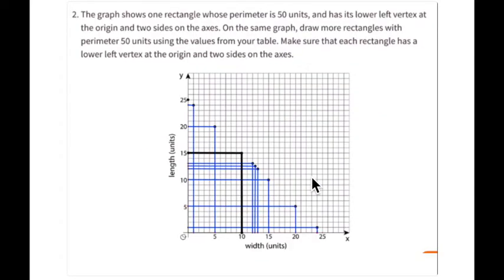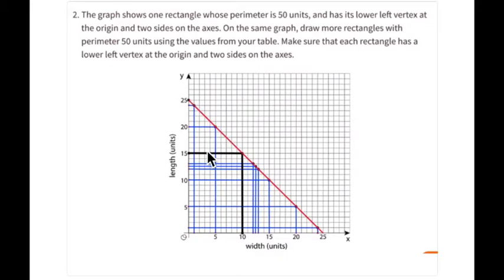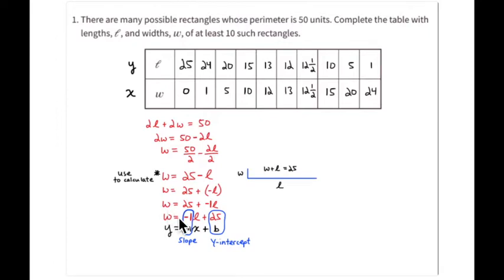All right, so here's a drawing of each of those rectangles on a grid. So the perimeters all add to a total of 50 units, and half the perimeter adds to this total of 25 units. And if you look at that equation, go back for just a second.